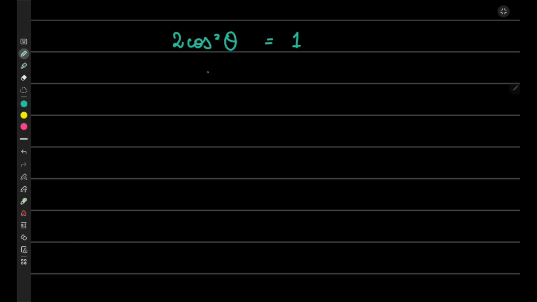We cross multiplied. This implies that cos square theta is equals to 1 over 2. Then we're taking square root of both sides. So cos theta will be equals to plus minus 1 over root 2.